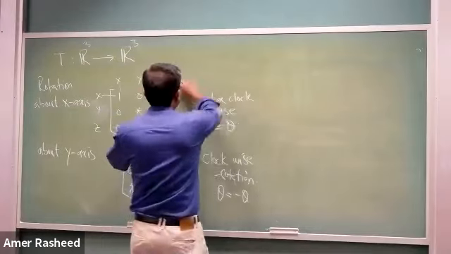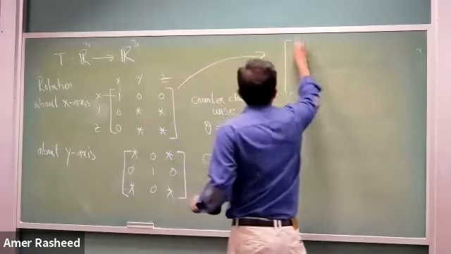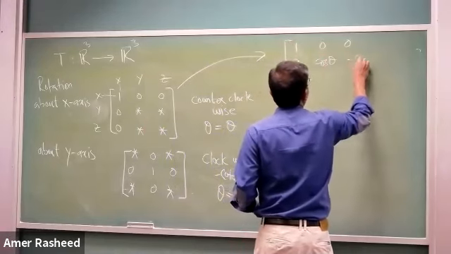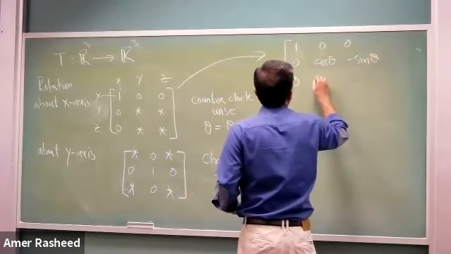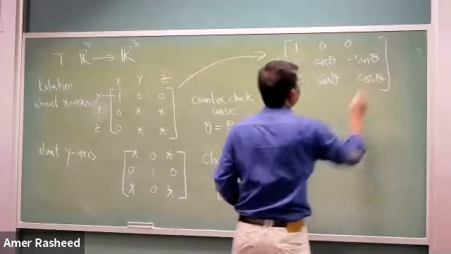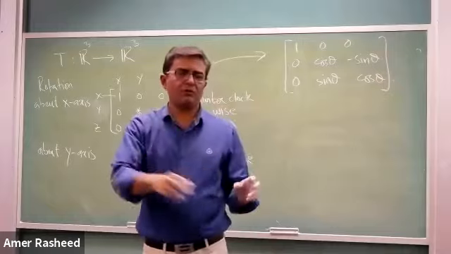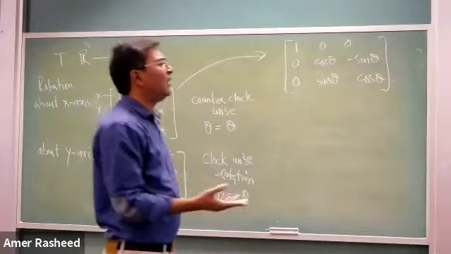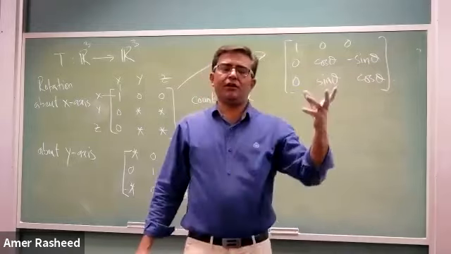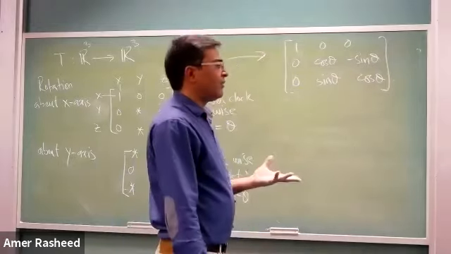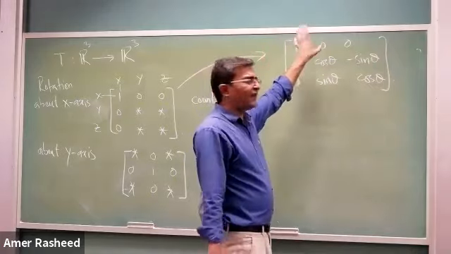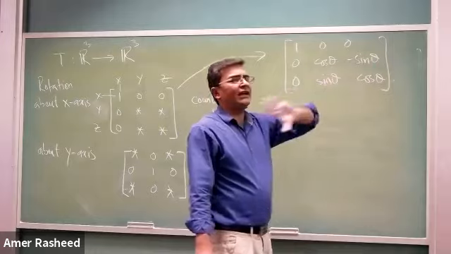So in that case, the matrix will be 1, 0, 0, 0, 0, cosine of theta, negative sine theta, and cosine theta. Because the rotation is only two-dimensional. It will be similar to the rotation in the xy plane. Because in 3D, if you are defining a rotation over the x-axis, x will remain fixed. The rotation will happen only in the y and z plane.